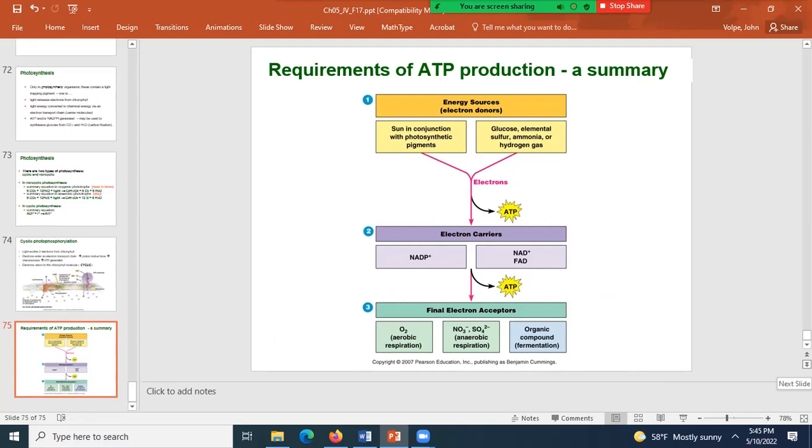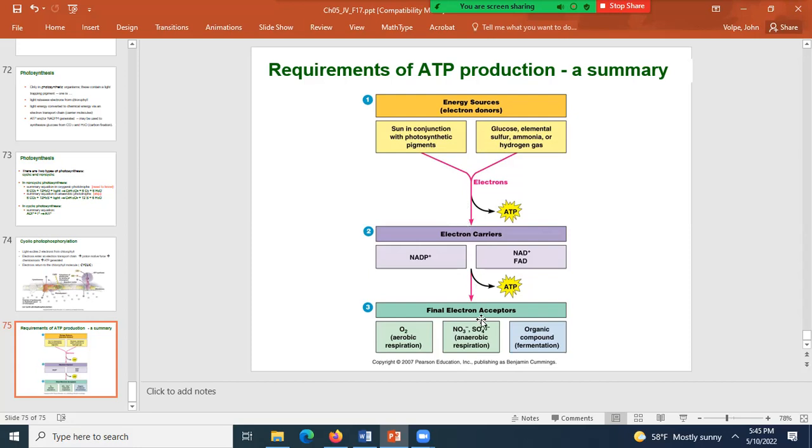And this slide is showing you that the energy source, the donor of the electron, can vary. In aerobic respiration, glucose is the energy source, the electron donor. For photosynthesis, the electron donor happens from sunlight striking the chlorophyll, and then the electron moves out of the chlorophyll.